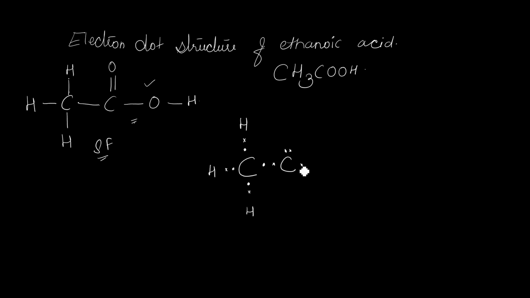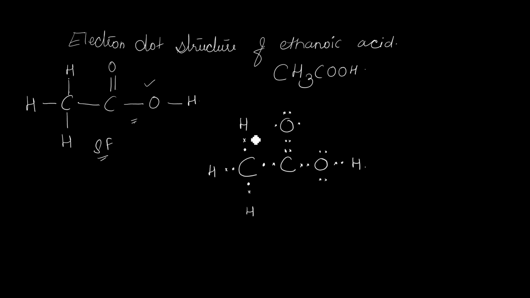Then oxygen, where 2 electrons are involved in bonding, so 1, 2, 3, 4, 5, 6 valence electrons are present in oxygen. Then again oxygen, where 1 electron is used for bond formation, 3, 4, 5, 6, and hydrogen 1 electron.